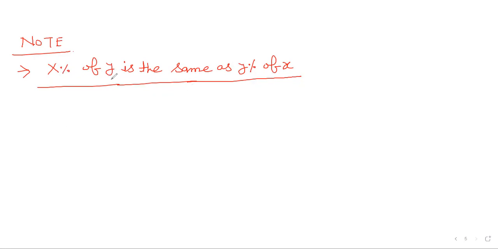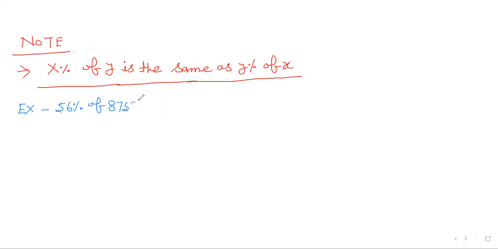So how can we use this sentence while solving questions of percentage? Let's take an example. If we have to calculate 56% of 875.